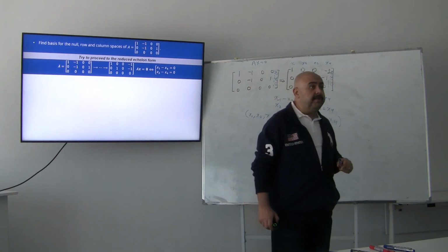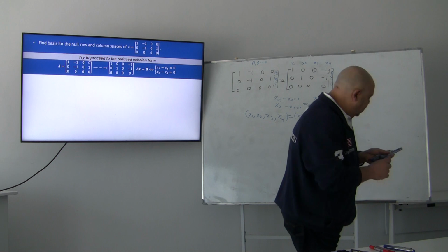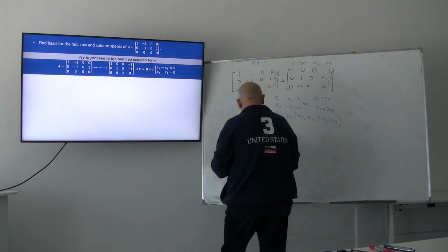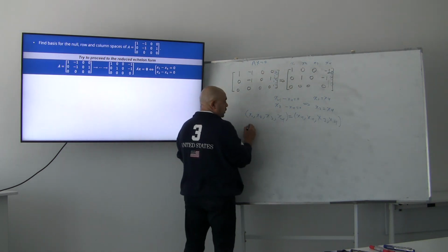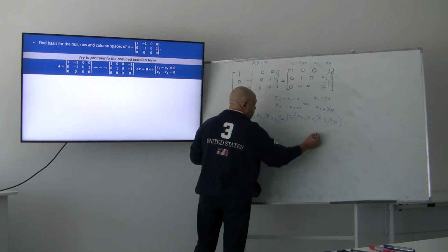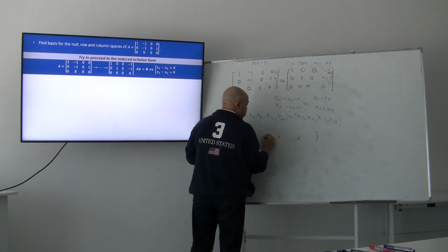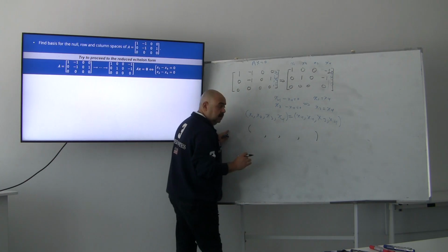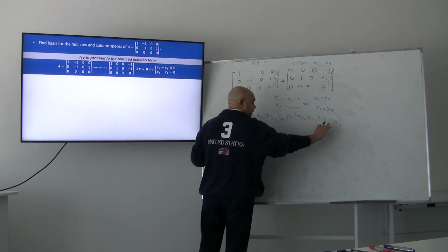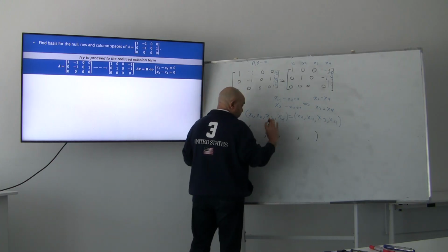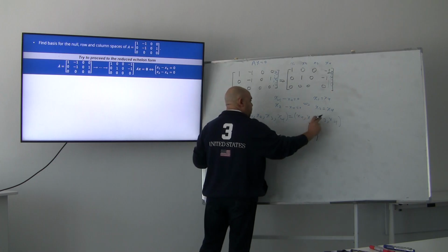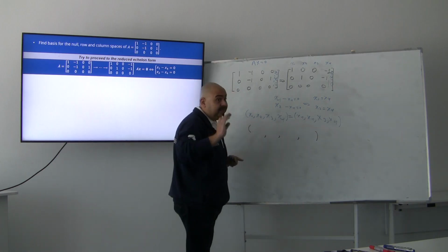Now I will try to separate the results. So I will write it like this. As you can see, we have only two variables, and this is the final solution set. So what I'm going to do, I need to see in each coordinate both x3 and x4.